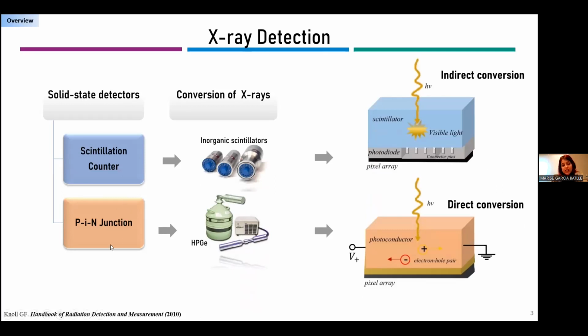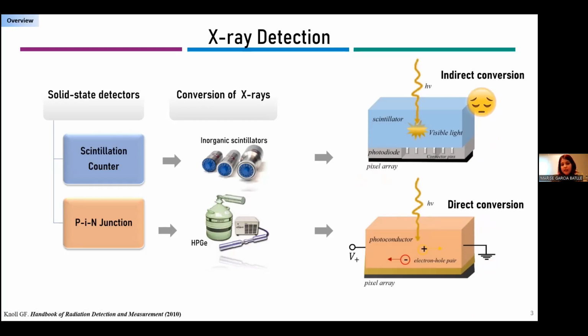In the second case, the p-n junction, which is based on semiconductor material, germanium-based or silicon-based, we can observe direct conversion, which is more reliable, because you apply a reverse bias and you can convert the X-ray directly into an electrical signal by collecting charge.